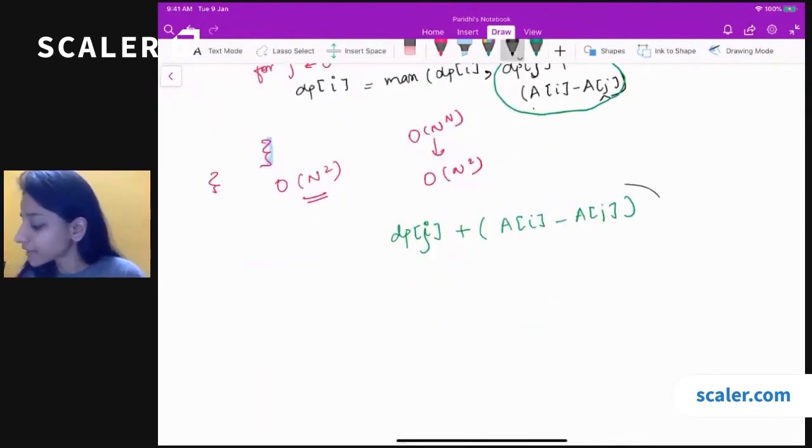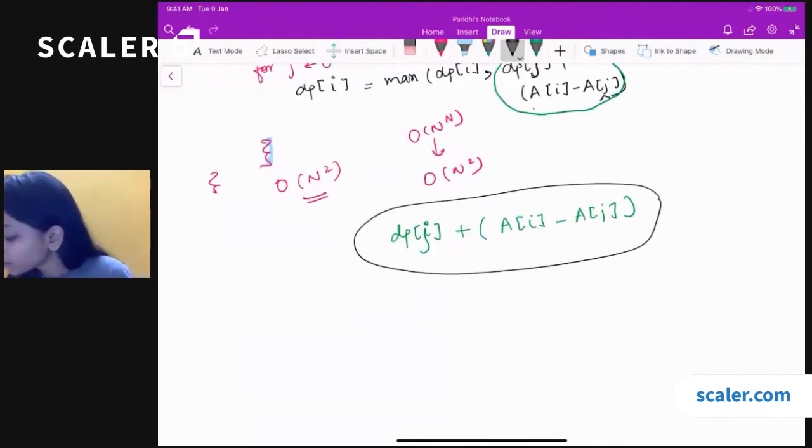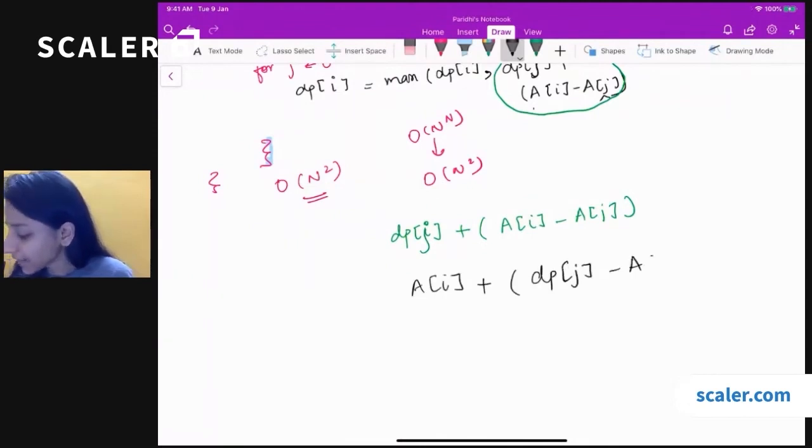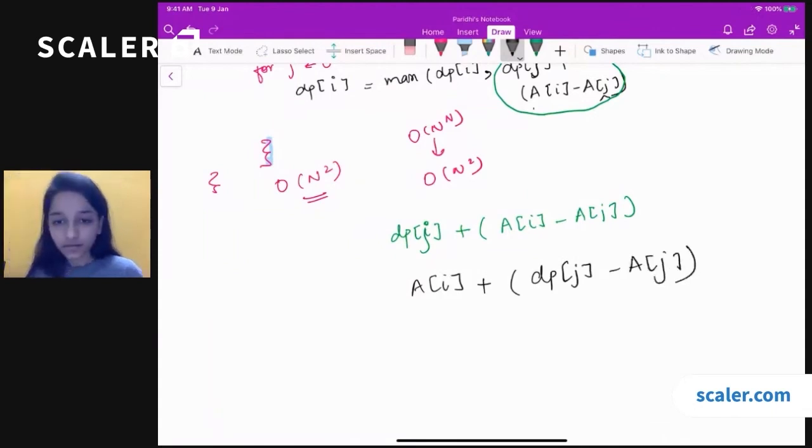So here we have this solution: dp of j plus a of I minus a of j. Now if I tweak this a little, what will I get? I will get a of I plus dp of j minus a of j. Can I write it like this?